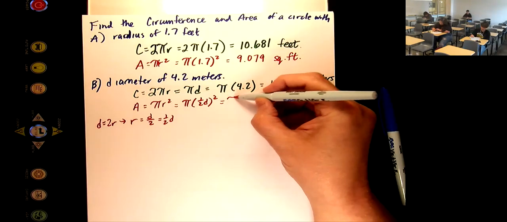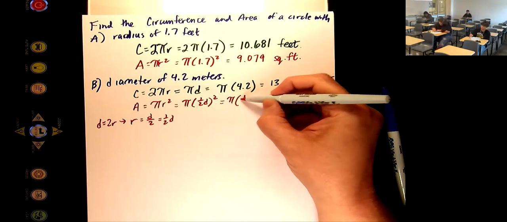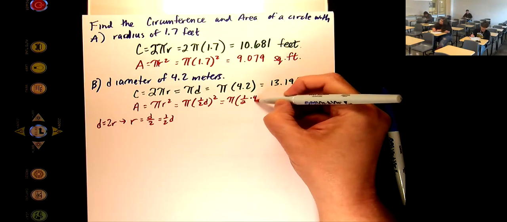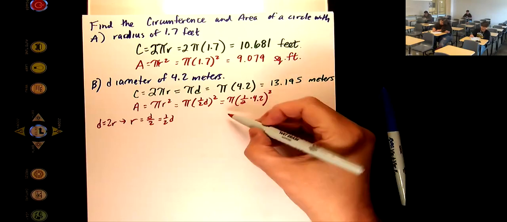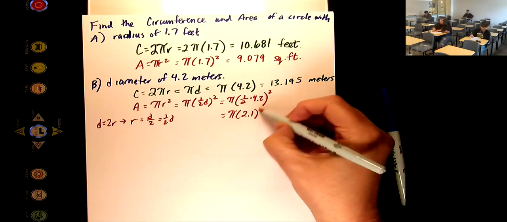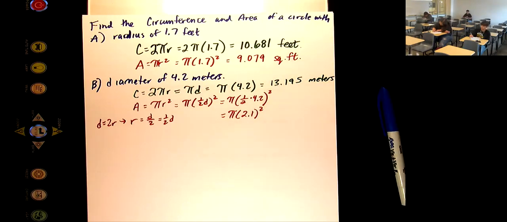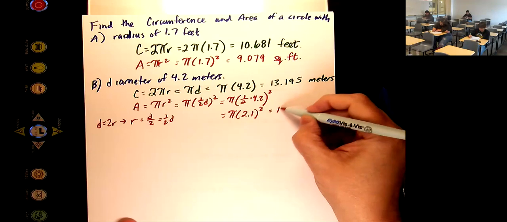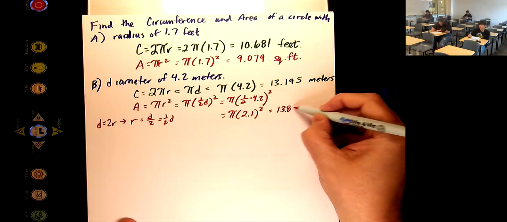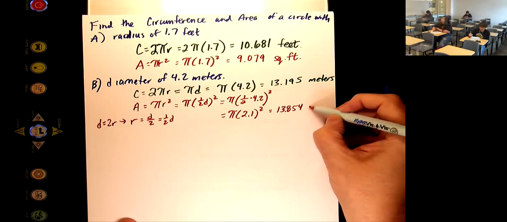So I want pi times 1/2 times 4.2, and then I'm going to square it. So that's pi times 2.1 squared. And for this, I'm getting 13.854. And this will be meters squared.